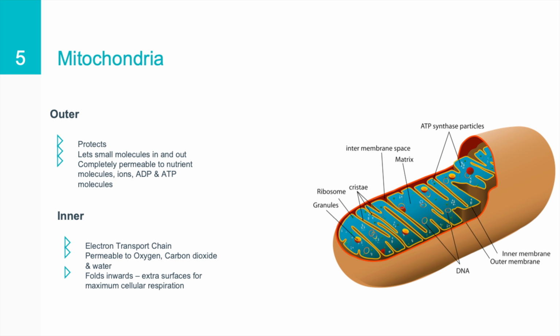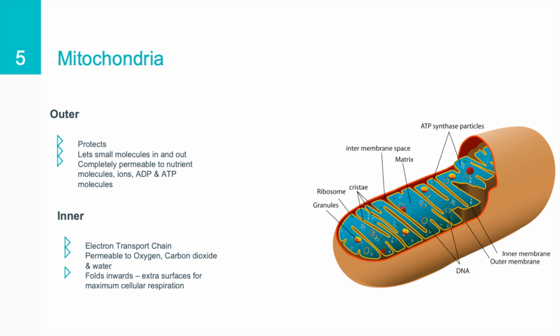The inner membrane folds inwards, making infoldings called cristae to form an increased surface area for maximum cellular respiration. It contains large numbers of proteins that play an important role in producing ATP, and contains complexes of the electron transport chain and the ATP synthase complex.